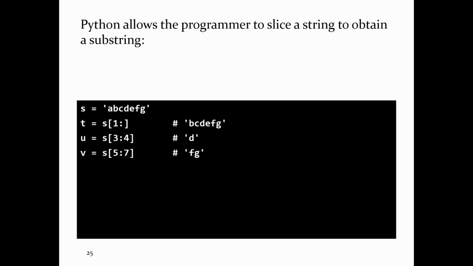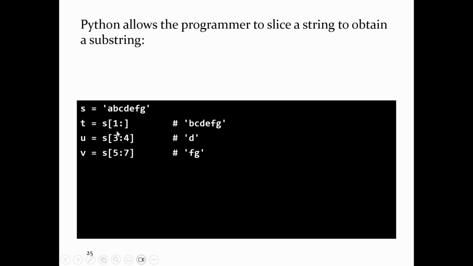Okay, you can slice a string in Python using Python's slice notation, because Python treats all sequences the same way, and a string in Python is just a sequence of characters.